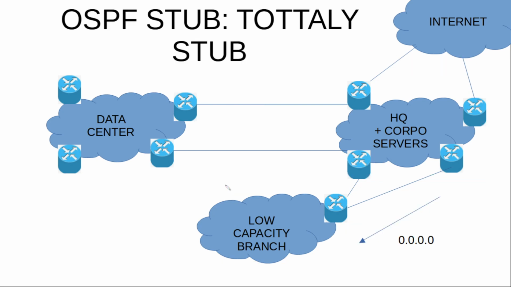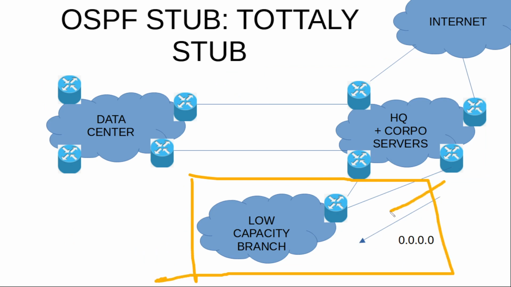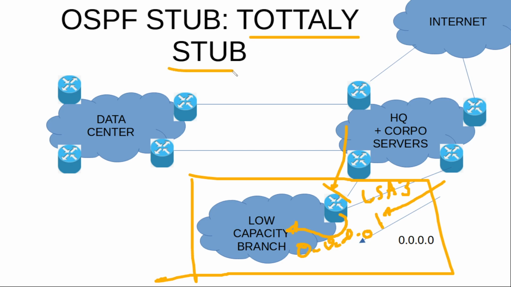We can go even further and make this STUB, but we are going to disallow LSAs number 3, and we are only going to inject here a default route into my area, and then we are going to call that a totally STUB area.